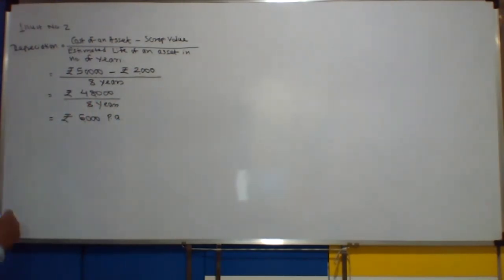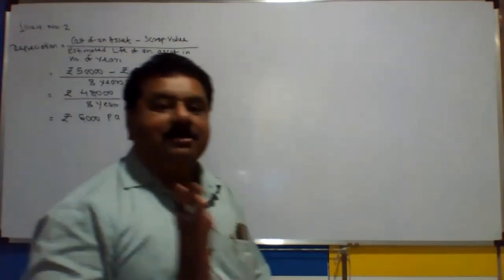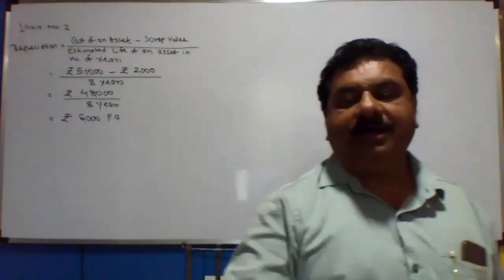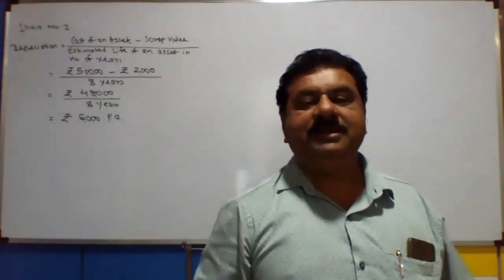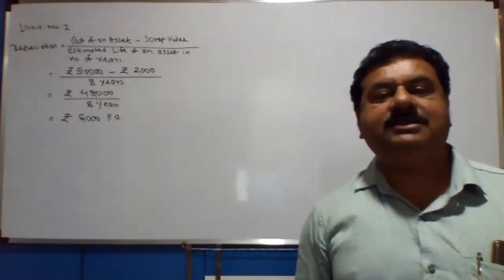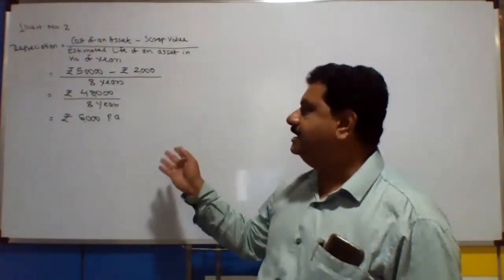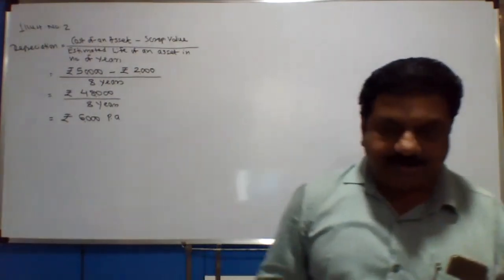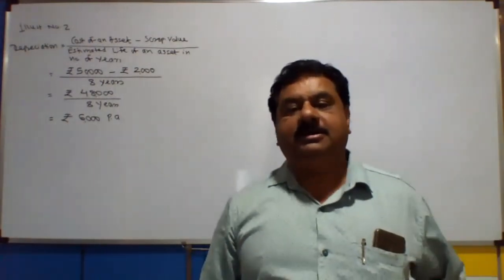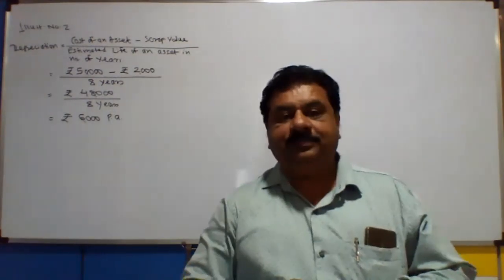Per annum मैंने कहा 12 months. 12 महीने का depreciation कितना आने वाला है? It is going to be rupees 6,000. Okay, 6,000 per annum. So that is the value of depreciation which is calculated by us. आपण calculate केलेली आहे. Okay.